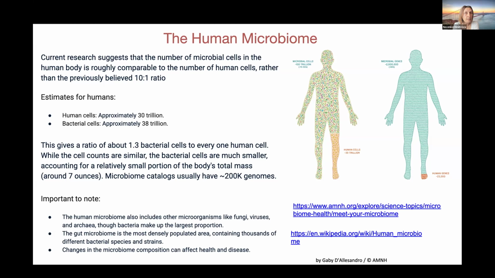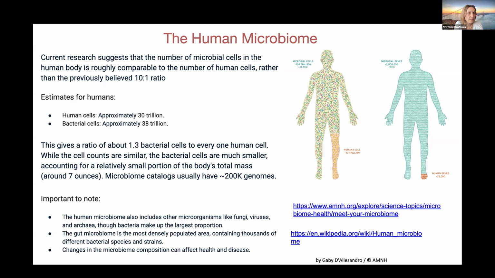Current research suggests that the number of microbial cells in the human body is roughly comparable to the number of human cells. Previously, we thought this was a 10-to-1 ratio, and that's why on the picture on the right side I've included the article. It's really interesting to read the full article. It was written only a few years ago, and many parts are still holding.